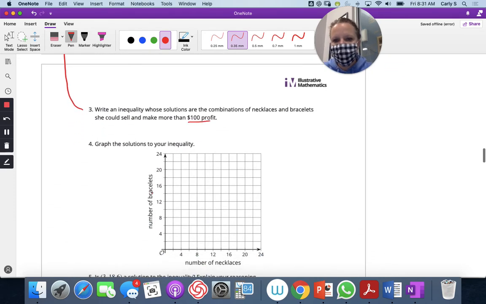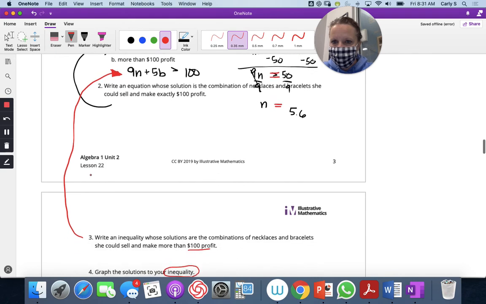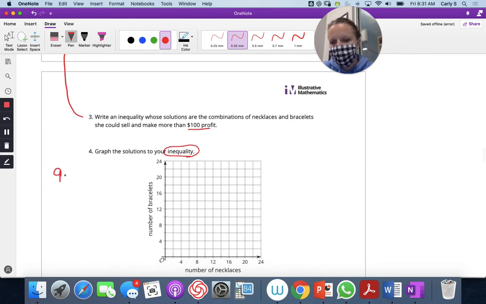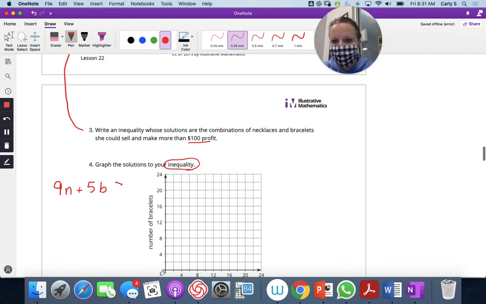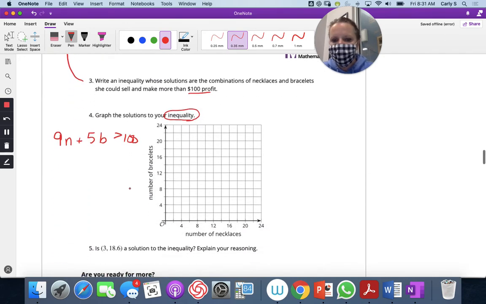And then when we graph the solutions to the inequality, remember inequalities are graphed with shading. Let me grab that equation. 9n plus 5b is greater than 100. We are going to make that n an x and the b a y.